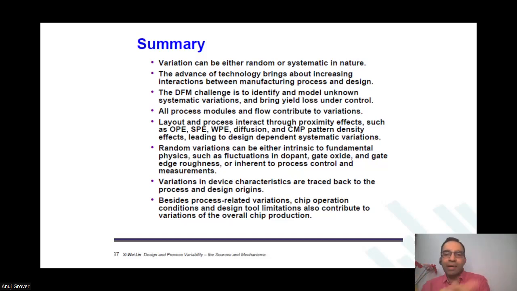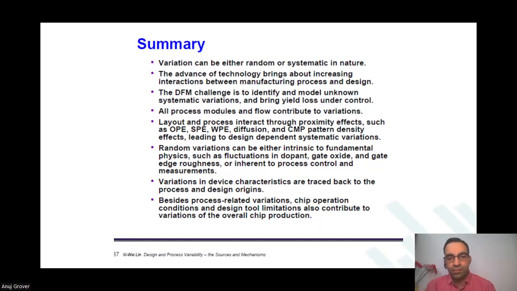Do not bend the poly here and there. So for example, in 45 nanometer, there is a DFM rule which says do not give bends on poly. In 32 nanometer, we said no bends on poly are allowed at all. So a rule of an advanced technology could still be followed in an older technology so that variations are reduced, and that is called design for manufacturability.